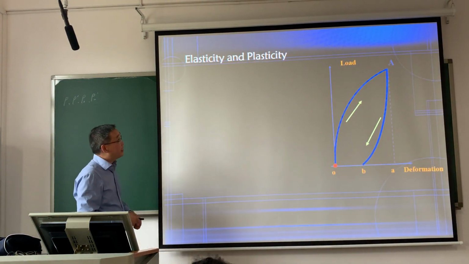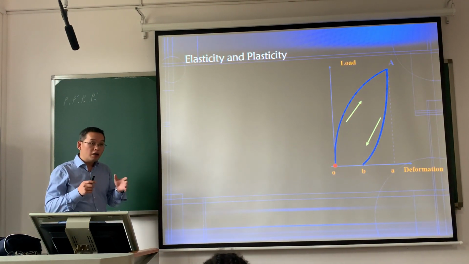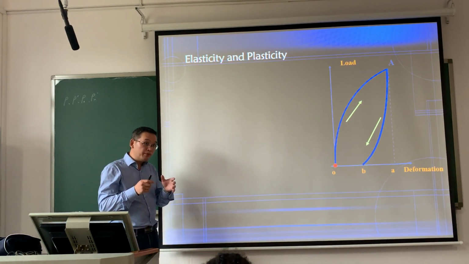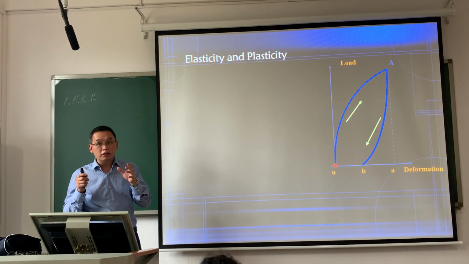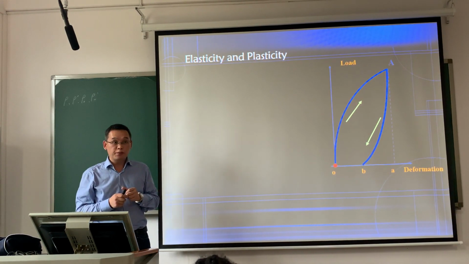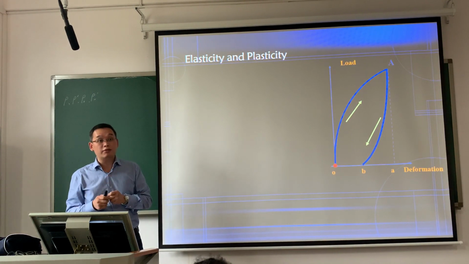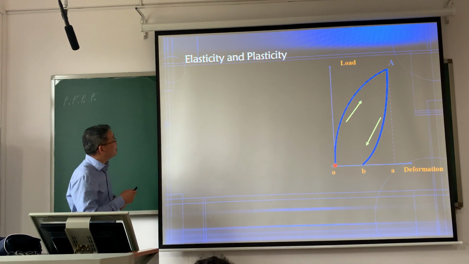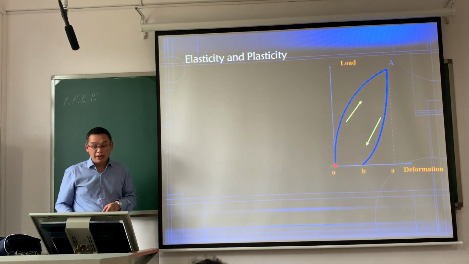For the elasticity and the plasticity of the material, because in civil engineering the materials used are mainly structural materials, the deformation properties are very important for this kind of materials and structures. And the information is the elasticity and the plasticity.